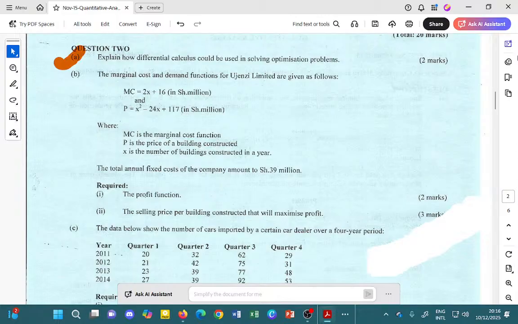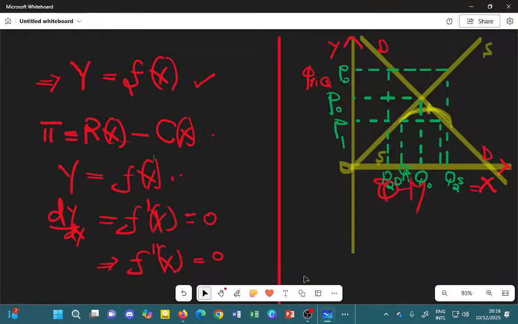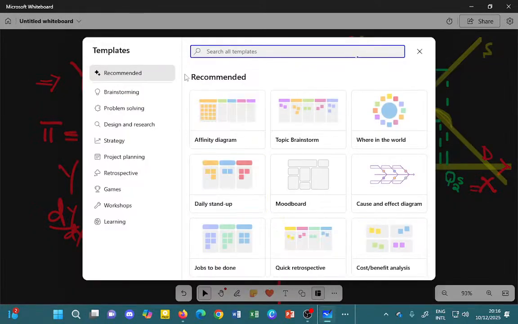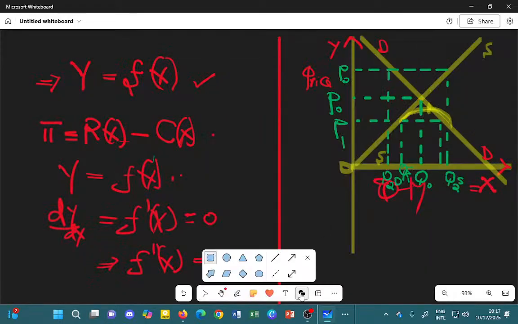Now that we have the question, we need to work it out, and I'll get my board.